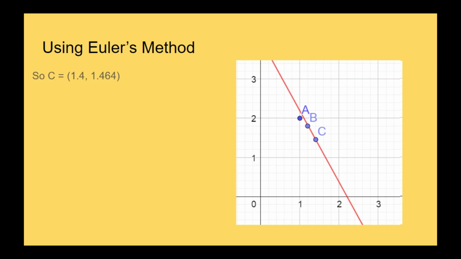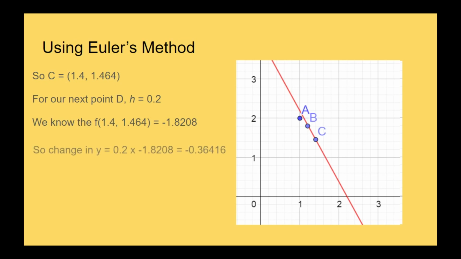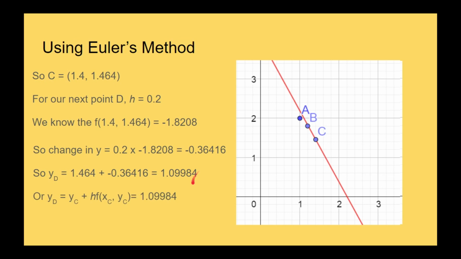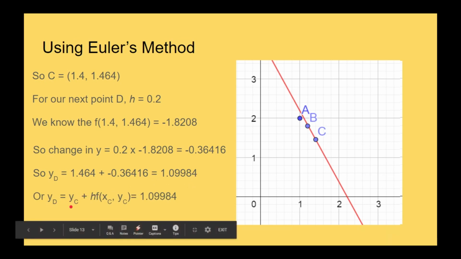How about finding the next point? The step length is going to take us up to an x value of 1.6. We know the gradient at this point, and we can work out our vertical change. And so we can work out our new y value, our y ordinate for D. The new y value is the previous y value plus step length times gradient at that point.